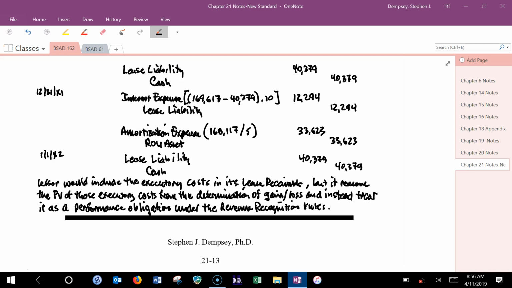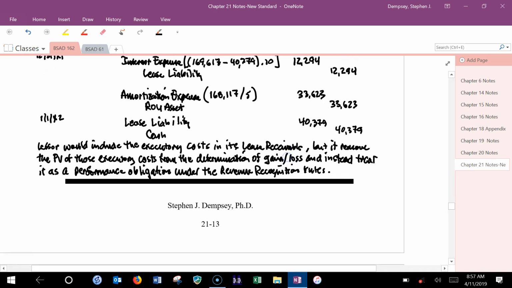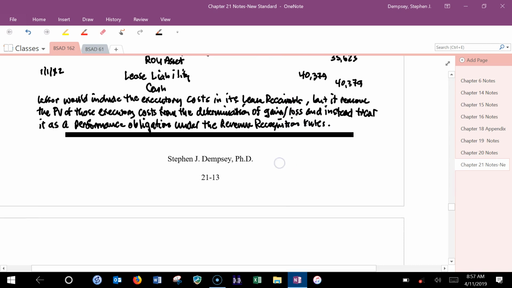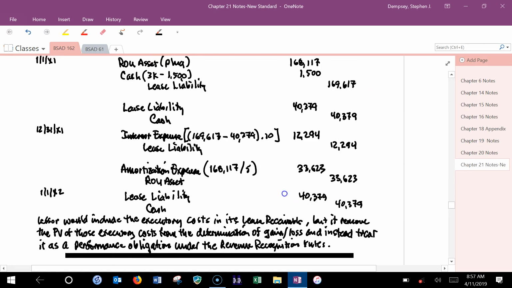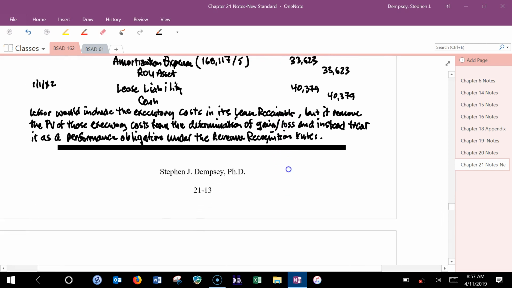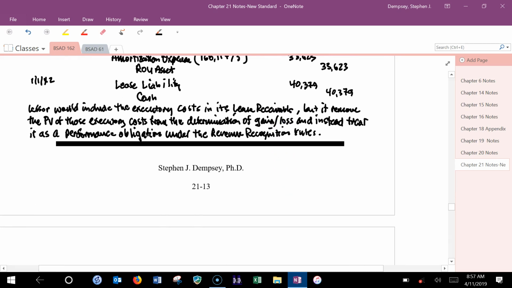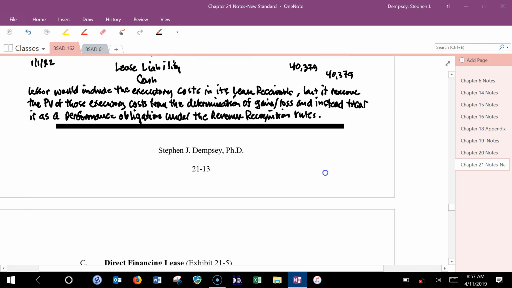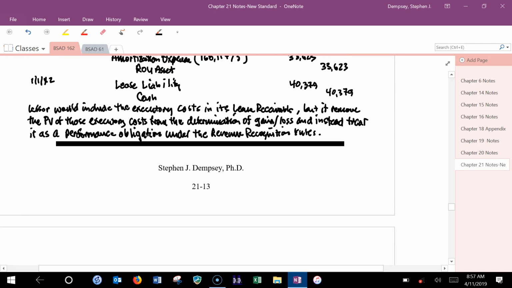You see, it's just a performance obligation that's contractual under the lease to make those executory payments to, what did I say? It was for insurance and maintenance, right? All right, so it would be treated as revenue then when they receive that extra amount, and then expensed when they actually make the payments for the executory costs. Okay? Can you read this all right?